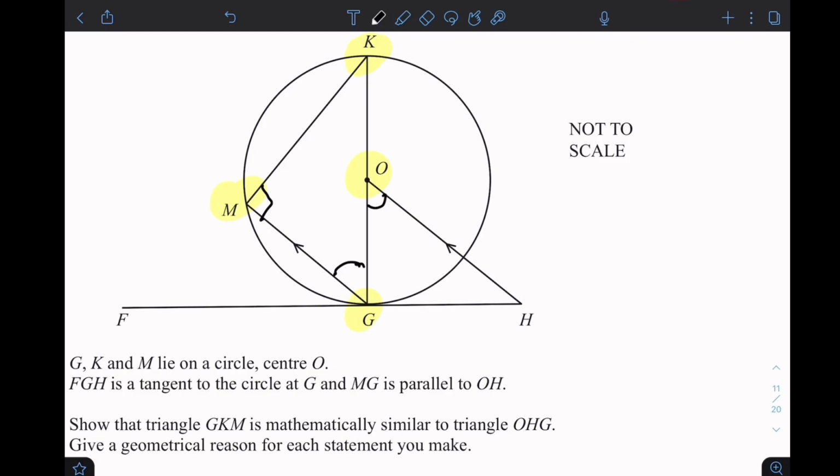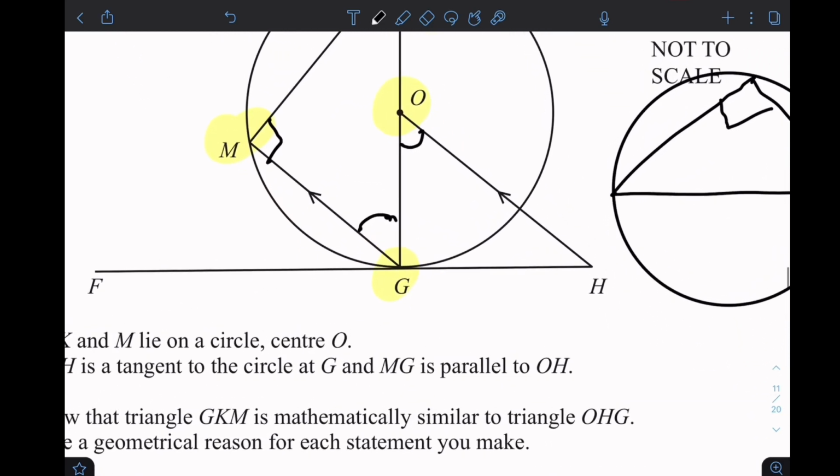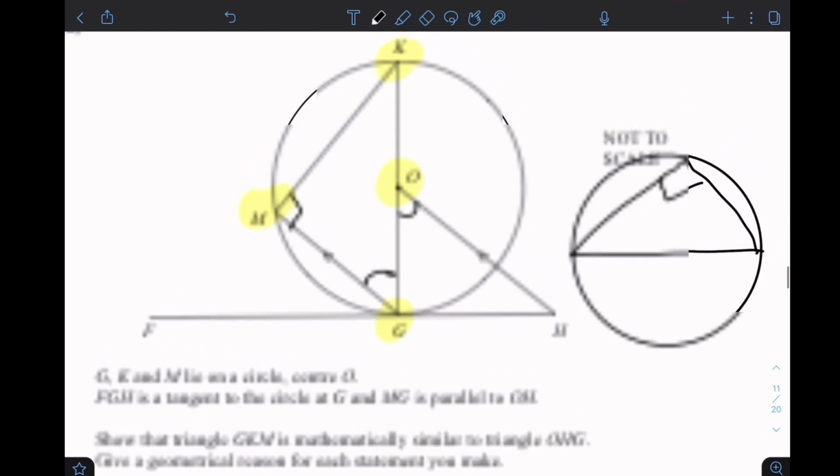So that means whenever there's a diameter, okay, let's say this is a circle and this is the diameter, whenever this line touches the circumference anywhere, this is 90 degrees, and hence this is 90 degrees, and you should realize that this is also 90 degrees, right?